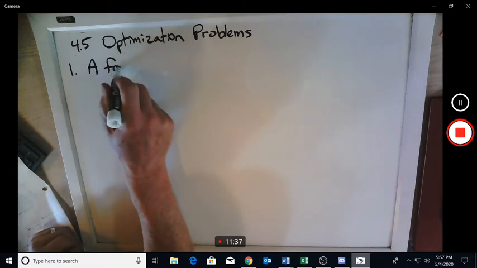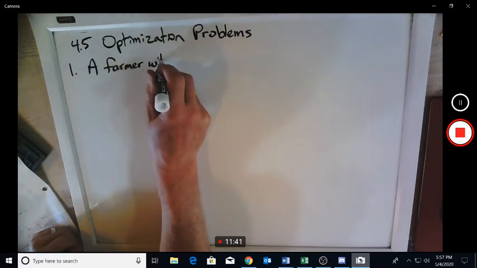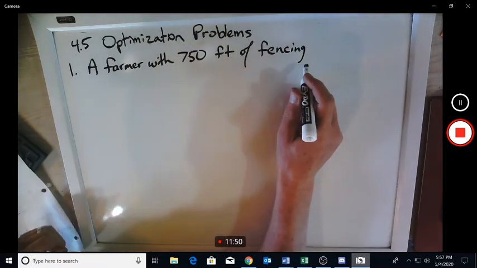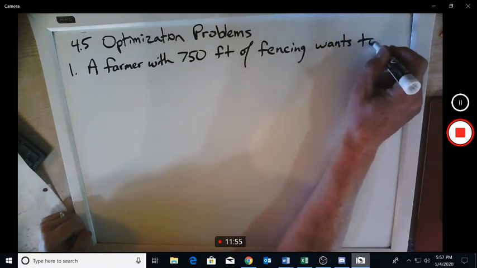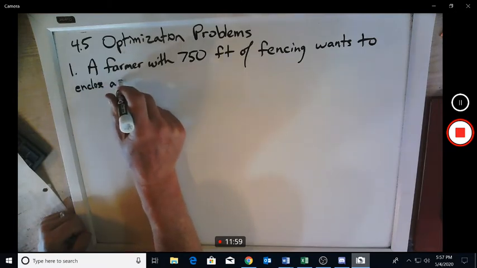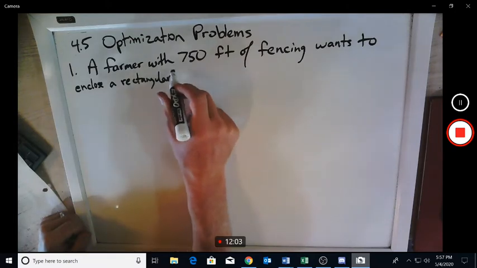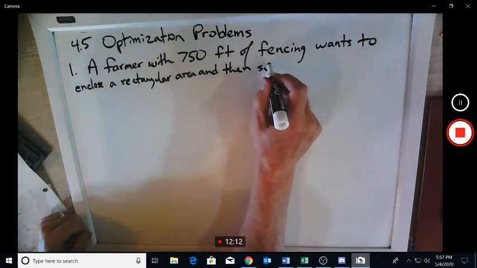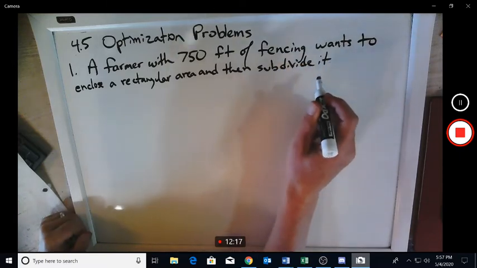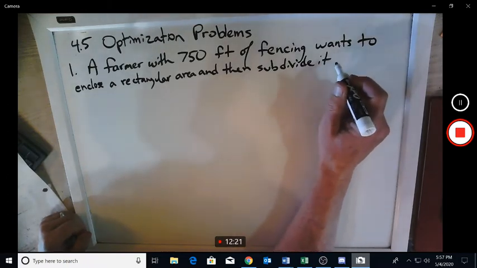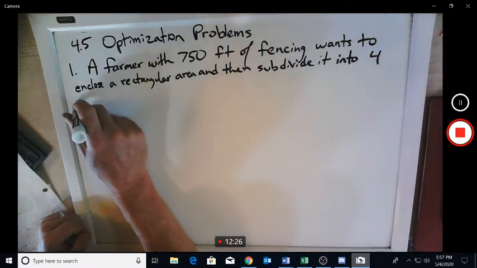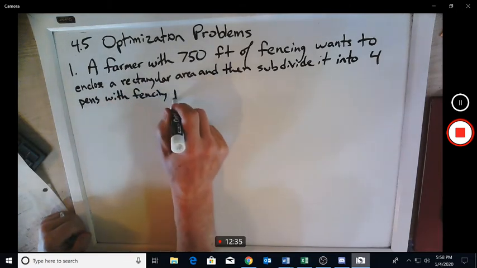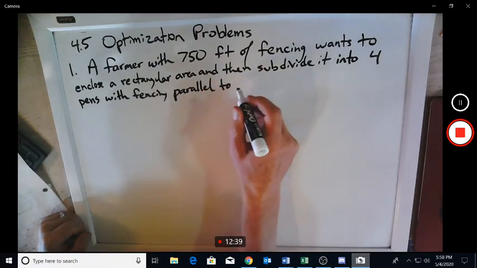A farmer with 750 feet of fencing wants to enclose a rectangular area and then subdivide it into 4 pens with fencing parallel to one of the sides.